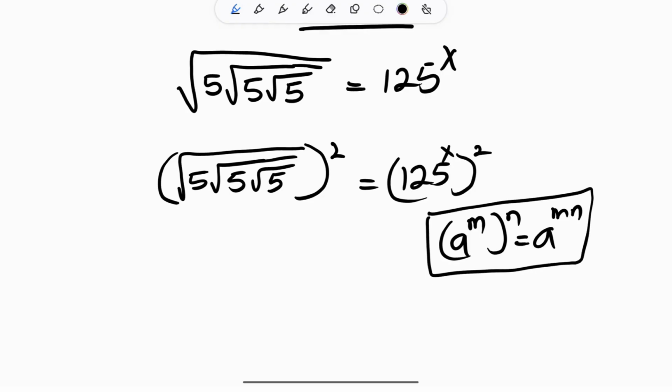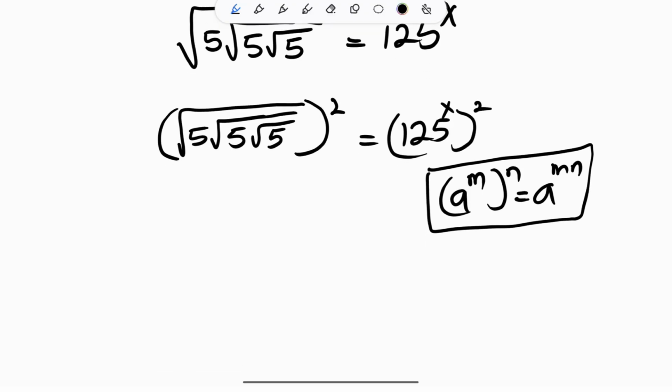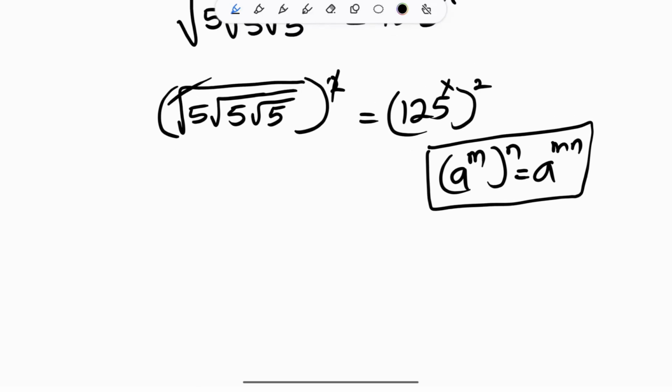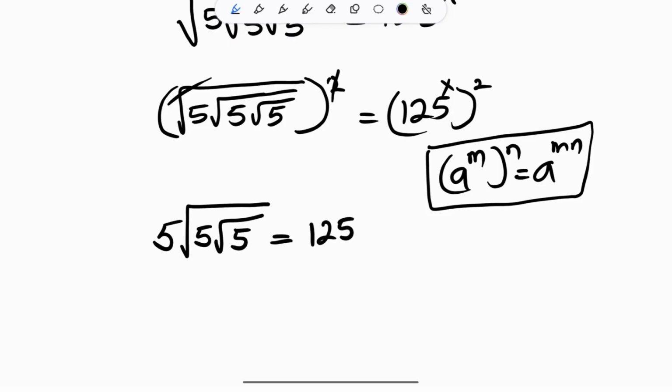Now for the left hand side, the 2 cancels out the first square root. So now what we have is 5 times the square root of 5 and the square root of 5 equals 125 raised to the power 2x.